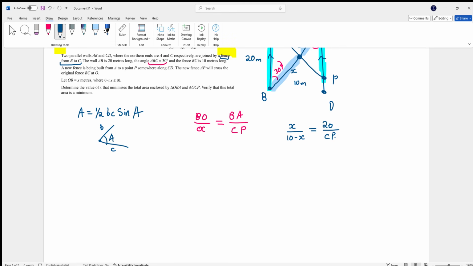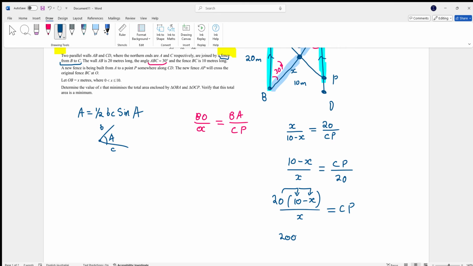So what we're going to do is flip both equations upside down. So 10 minus x over x is equal to CP over 20. We are going to multiply both sides by 20. So you have 20 times 10 minus x over x equals CP. Now I'm going to try and sort that out a little bit, so multiply that out.